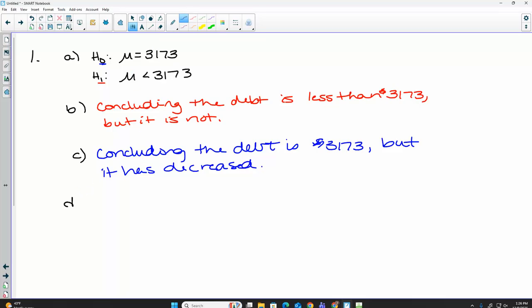Then our conclusion. I don't make you write a sentence on every question, but I will at some point on the test ask you to write a sentence explaining your conclusion. So you need to be able to do that.